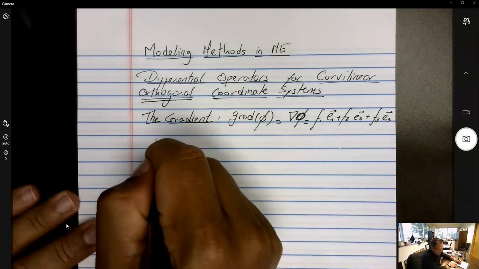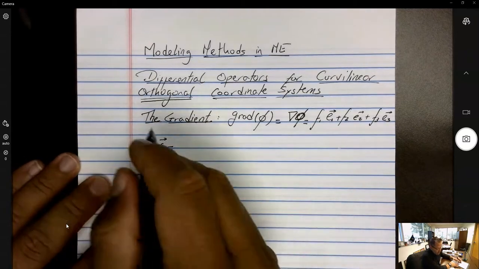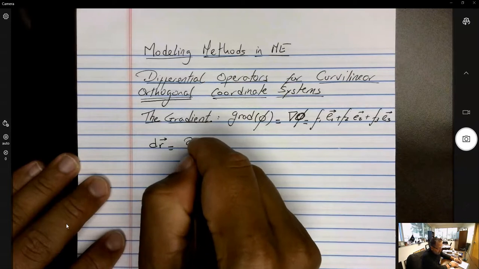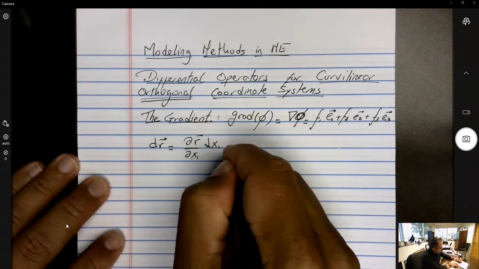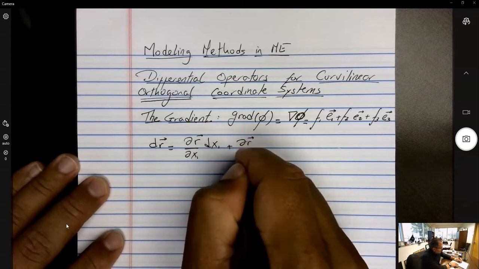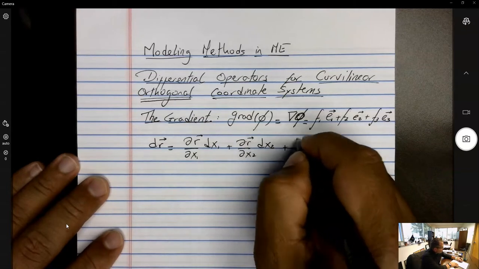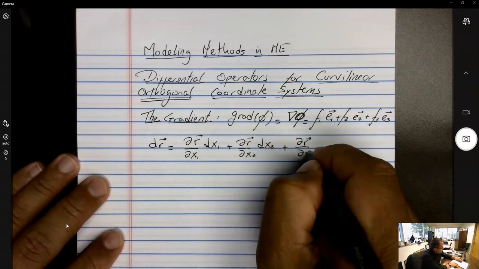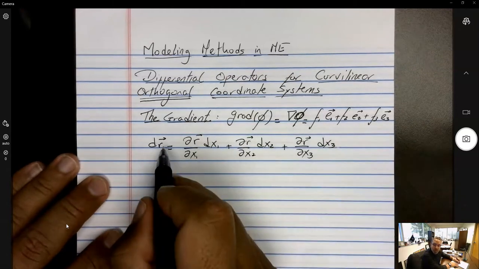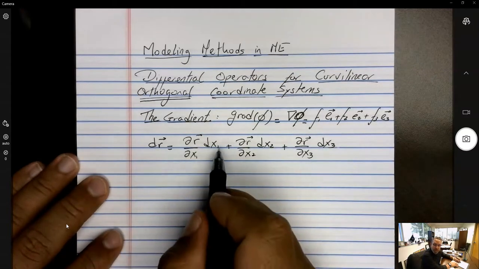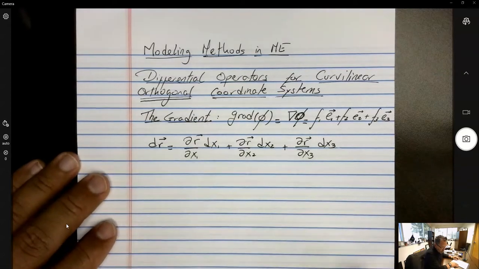All right, so remember that the differential position vector is dr = (dr/dx1) dx1 + (dr/dx2) dx2 + (dr/dx3) dx3. This is a simple chain rule. r, which is a position vector, depends on x1, x2, and x3, and we're simply differentiating it with respect to each one of these three.